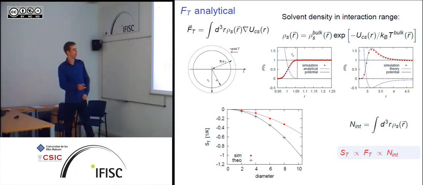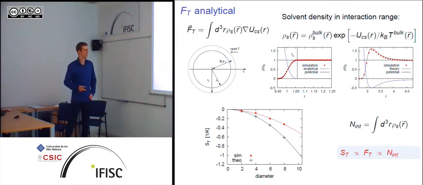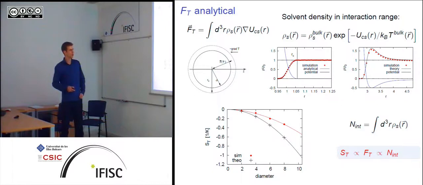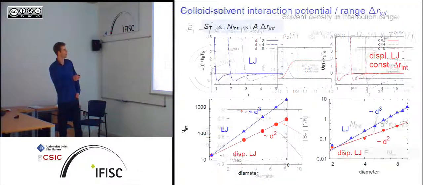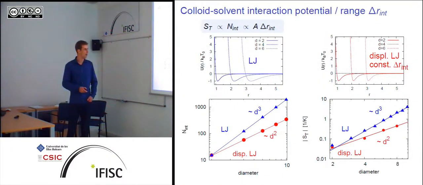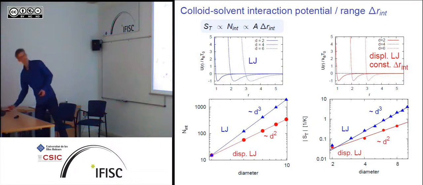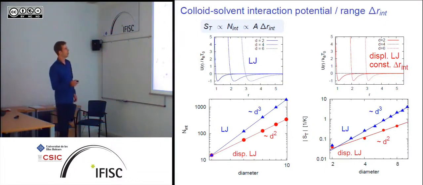Another thing that we learn from this analysis is that the Fourier coefficient, which is proportional to the thermophoretic force, is also proportional to the number of particles that interact with the colloid. And this has an effect. So if you use different types of potential, this number of interacting particles will be different.